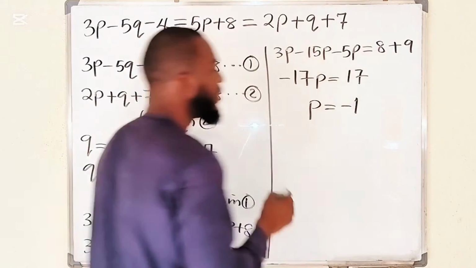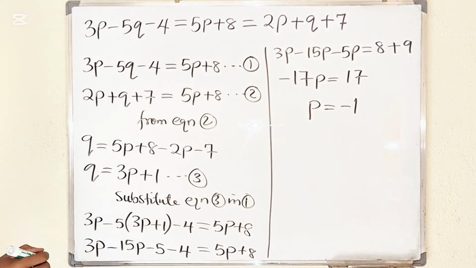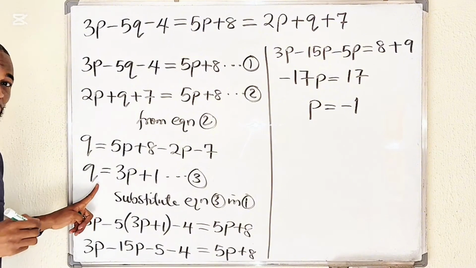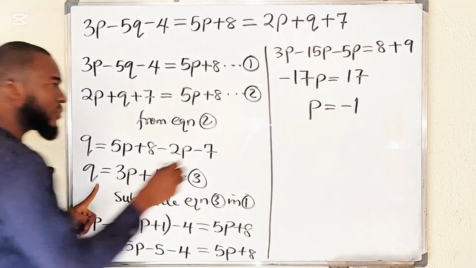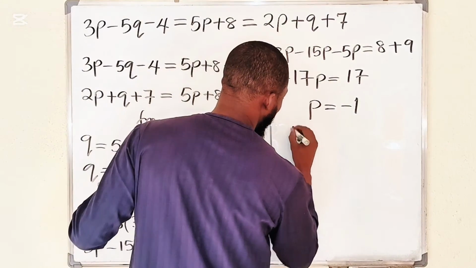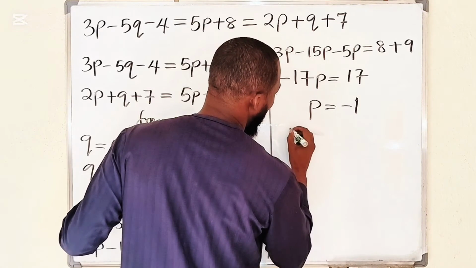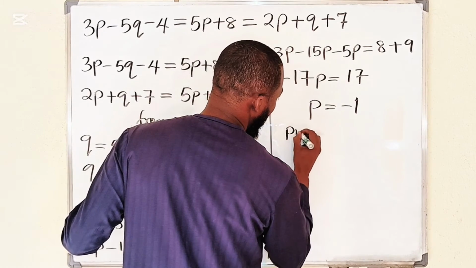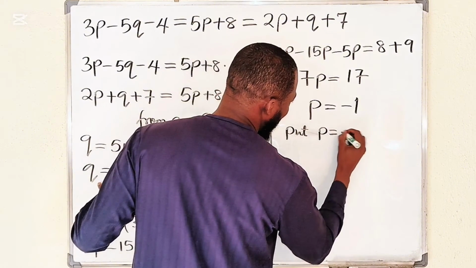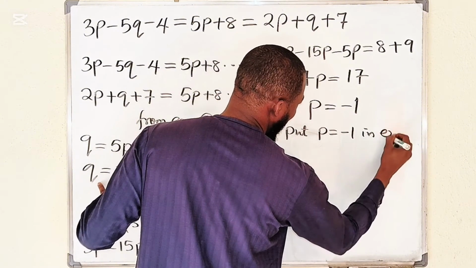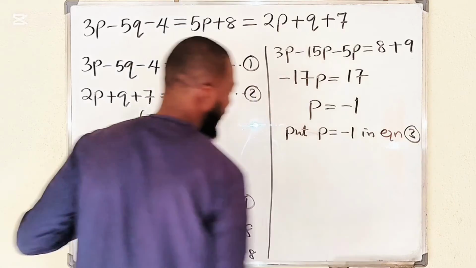We have solved for p. Then what about q? Remember, we have an equation in terms of q. So let me say, put p equals negative 1 in equation number 3. Yes.